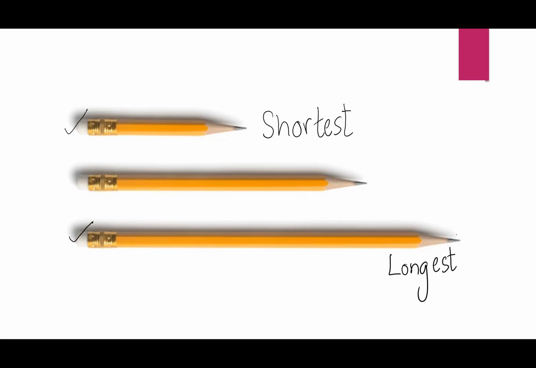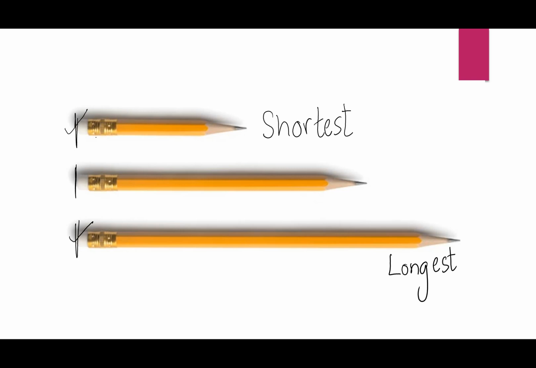You see now? How do you know which is the shortest and which is the longest? Now, here, if I put all the pencils in line together, now you can see here, they all are starting from the same point, right?